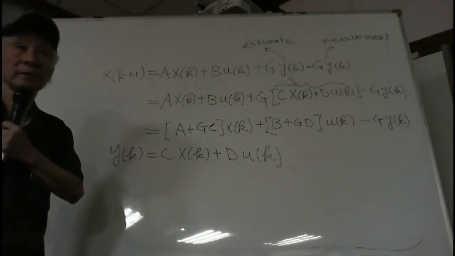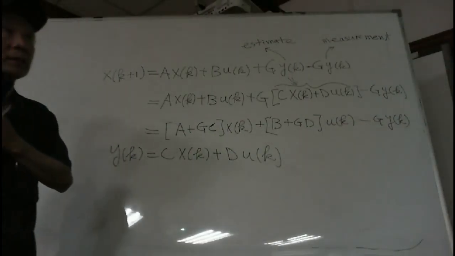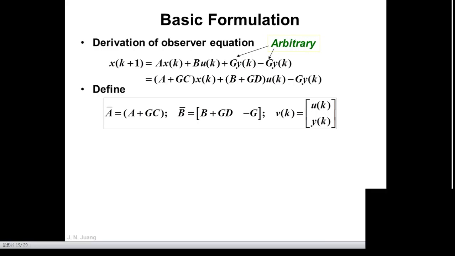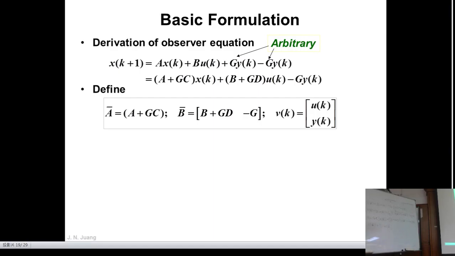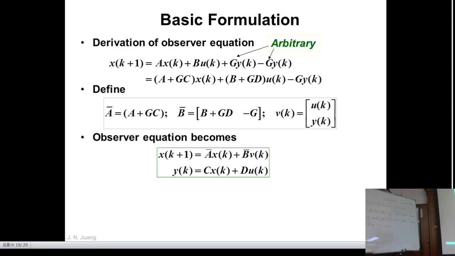That's the formulation we got on my whiteboard. If I put A bar equal to A plus GC, then my observer equation becomes xk plus 1 equal to A bar xk plus B bar vk.